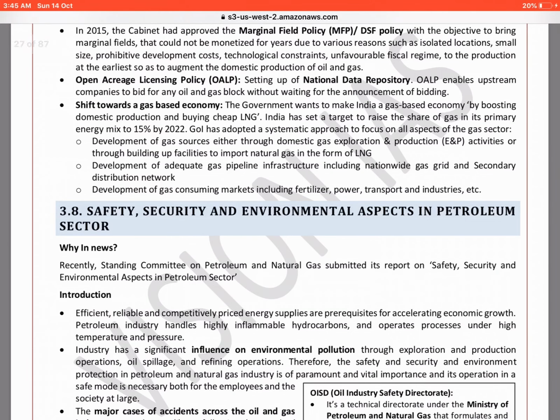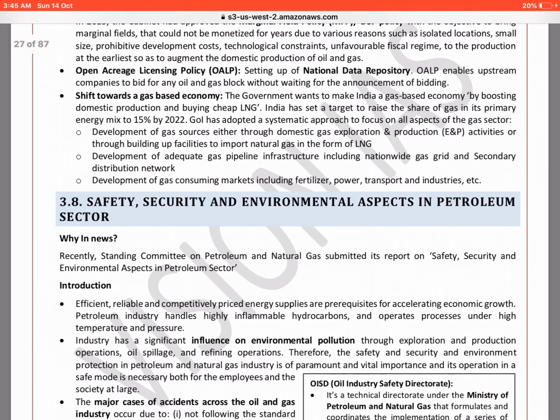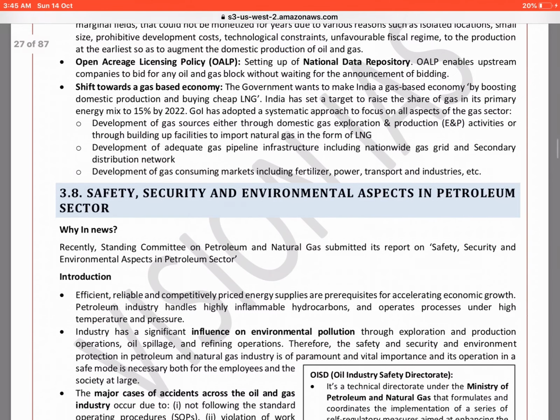of oil and gases. So there is a shift towards a gas based economy. We are moving towards the gas based economy. We are encouraging the use of coal bed methane gas, which, if utilized, will help India achieve its COP21 Paris Agreement targets of carbon dioxide and greenhouse gas emission reduction.